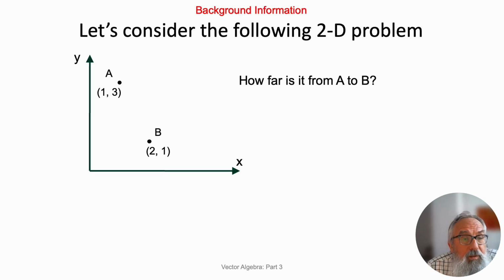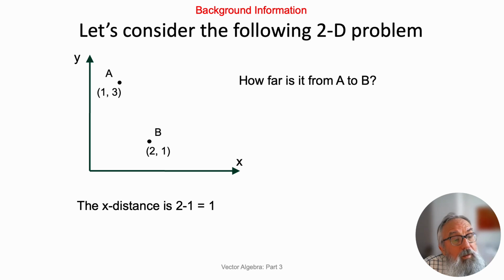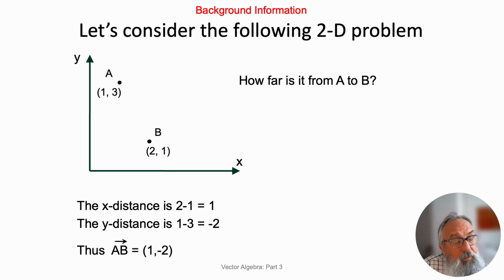Let's have a look at this 2D problem. We've got 2 points, A and B. How far apart are they? Well, we can do this simply by geometry, certainly in 2 dimensions. The distance is 2 minus 1, 1 minus 3, square them, sum them, take the square root.